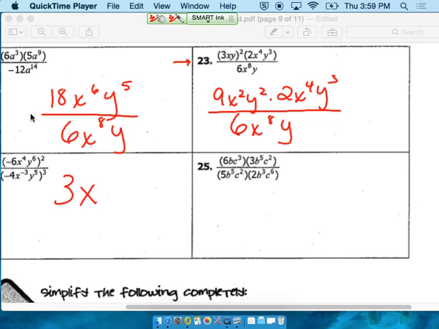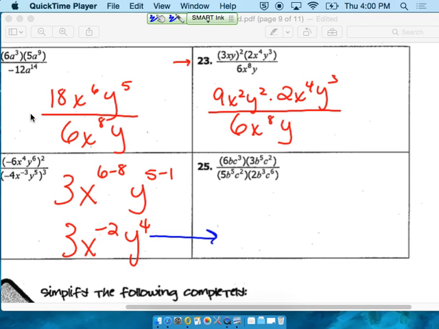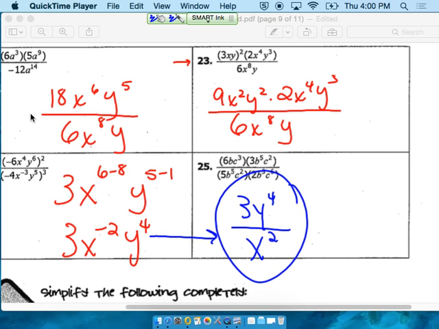I would write the base of x one time. I could say top minus bottom and top minus bottom. So that gives me this. And then to write this so that all of the exponents are positive, my final answer would look like this. I would have 3y4 in my numerator, and then my denominator would simply be x squared. And I will let you take the rest of these from here.